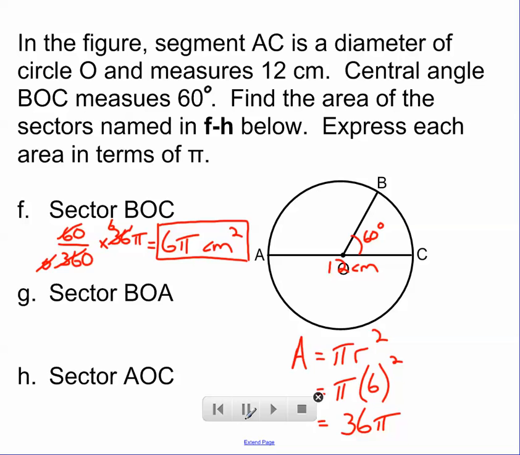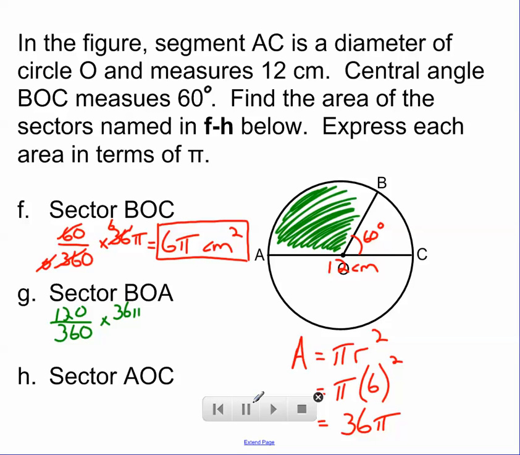Continuing on. Sector BOA is this over here. Okay, well, the measure of that is 120 degrees. So it's 120 degrees out of 360 degrees.